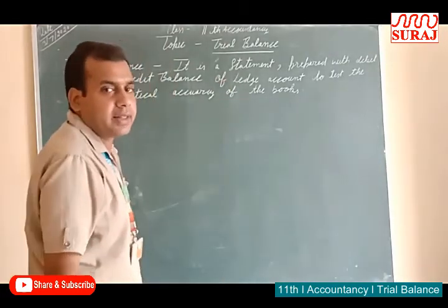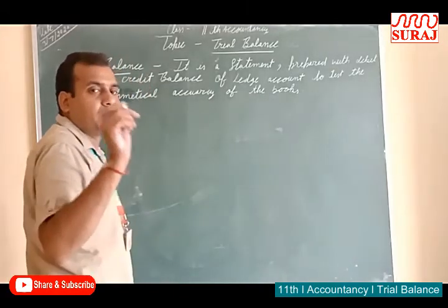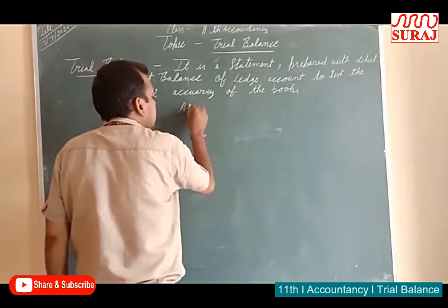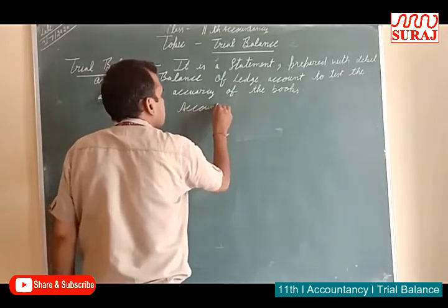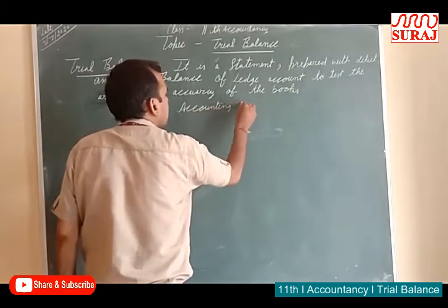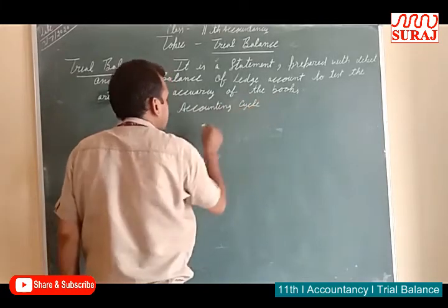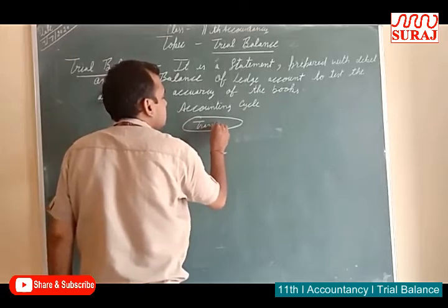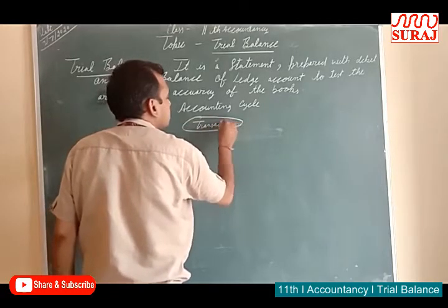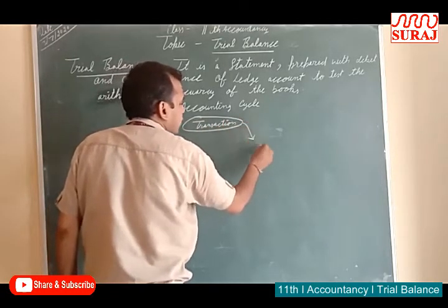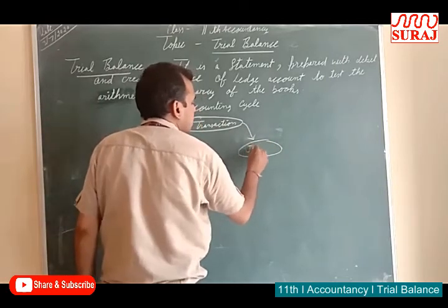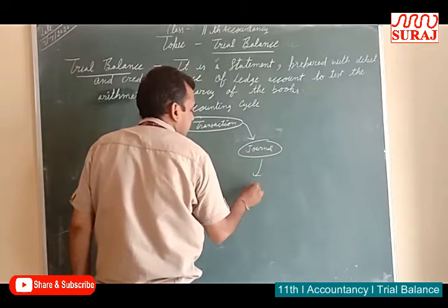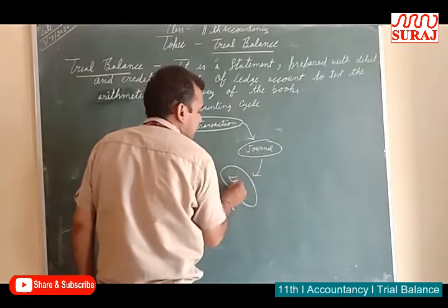Dear friends, in the first chapter I told you about the accounting cycle. What is the accounting cycle? First of all, transaction. Then through transaction we prepare the journal. Through the journal we prepare the ledger.